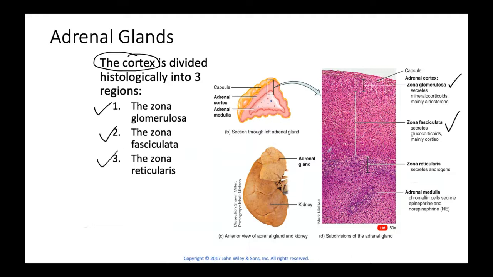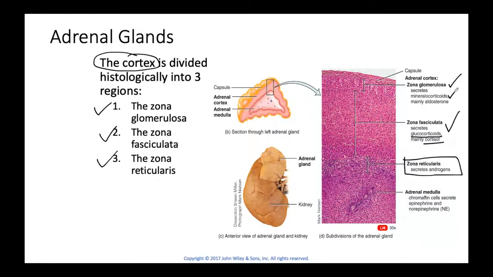And then we have the zona reticularis, which is the innermost portion of the cortex. Now, that innermost portion is going to secrete androgens, whereas the fasciculata secretes the glucocorticoids, cortisol, cortisone, corticosterone, but mostly cortisol. The outer portion, the glomerulosa, is going to secrete mineral corticoids.